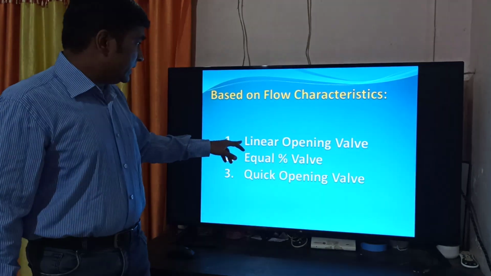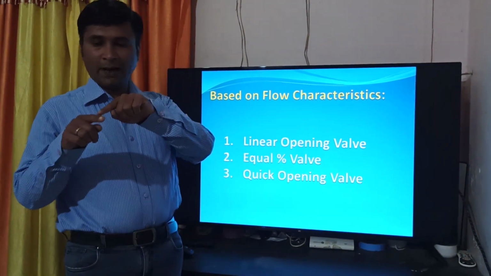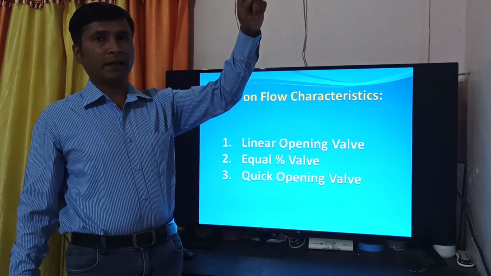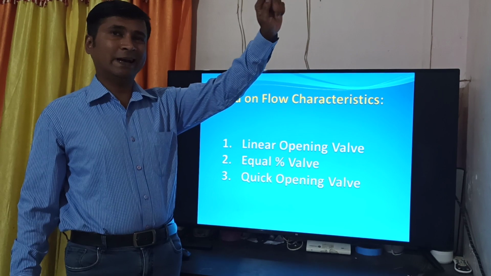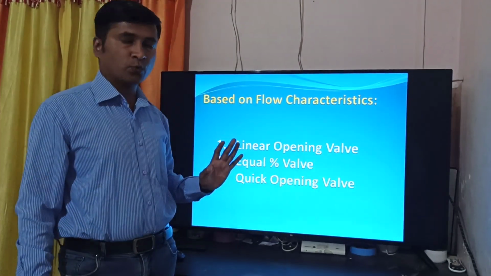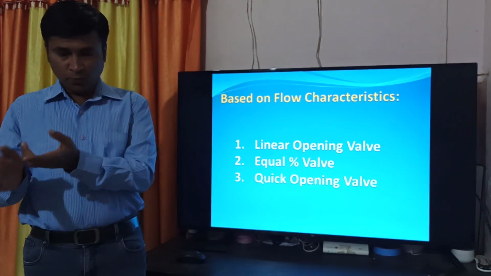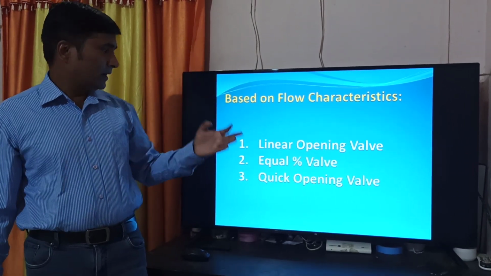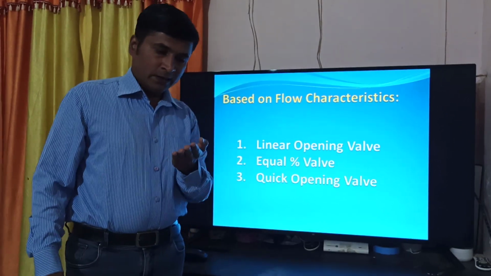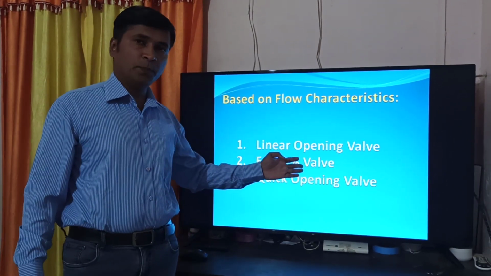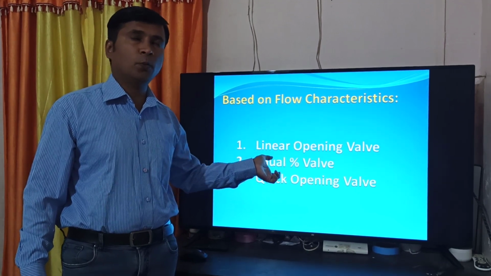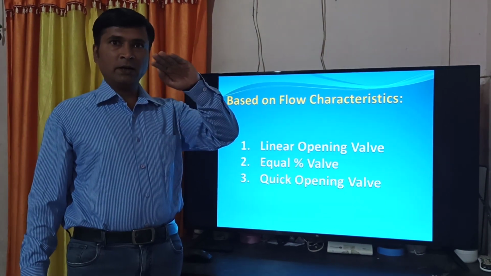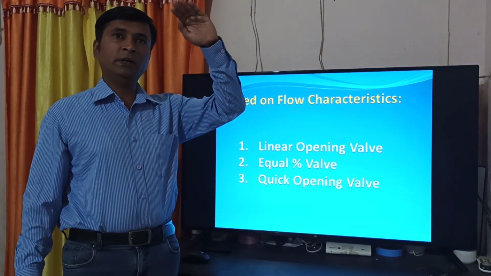Then in a linear opening valve, the graph between percentage opening and the flow rate will be a straight line, means it will be in diagonal direction. In an equal percentage valve, the same graph will be in curve form, and in a quick opening valve, the graph of opening of the valve and the flow rate will be initially linear up to 1/3 part, then it will be in curve form.